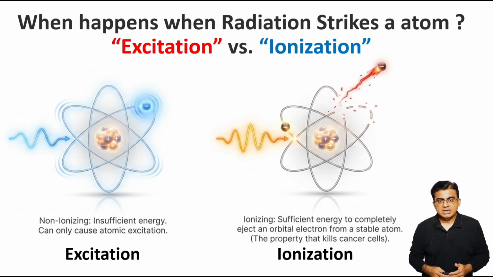Listen carefully. When radiation strikes an atom, there are two completely different events that can occur. And understanding the difference between these two events is the absolute non-negotiable prerequisite for everything else you will learn in next few slides.